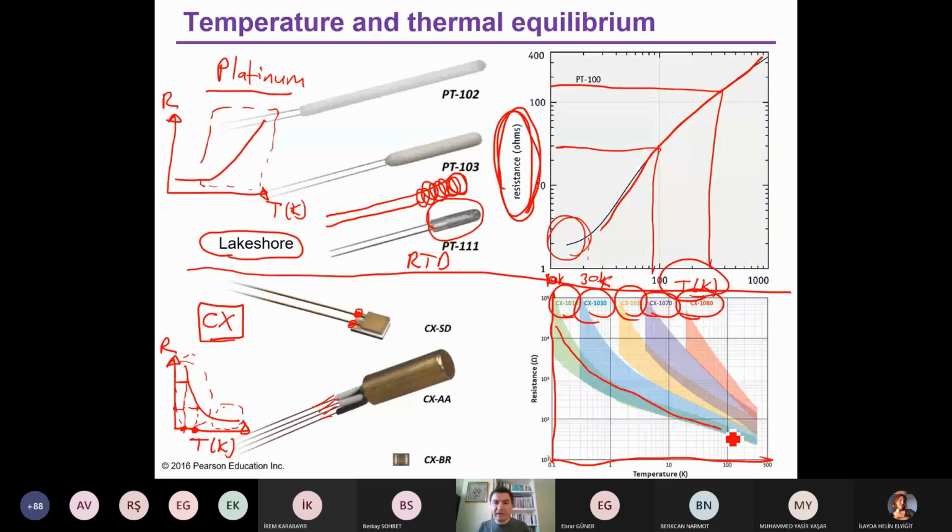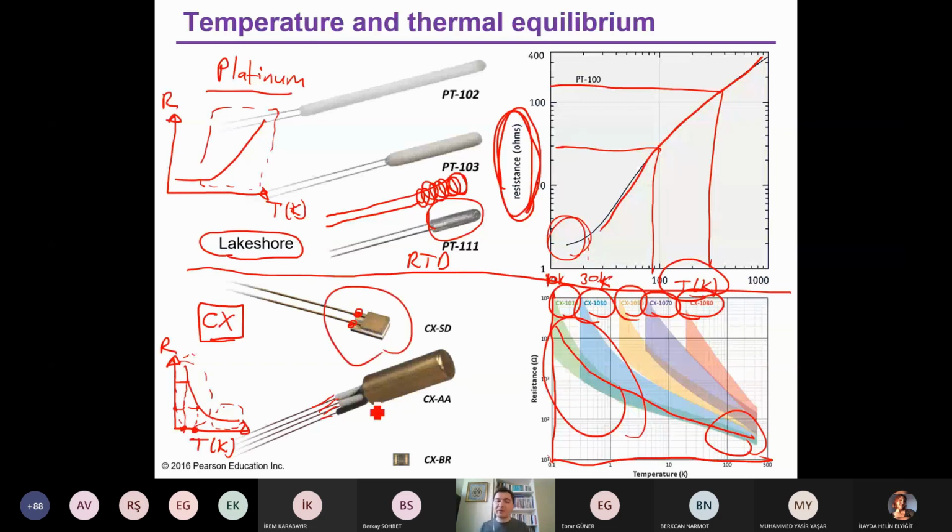What do you see here? At low temperatures, they have huge change in their resistance due to the temperature, but at high temperatures, the change in the resistance as a function of temperature decreases. So these are the metal and semiconducting thermometers, and by using these thermometers, you can measure the temperature.